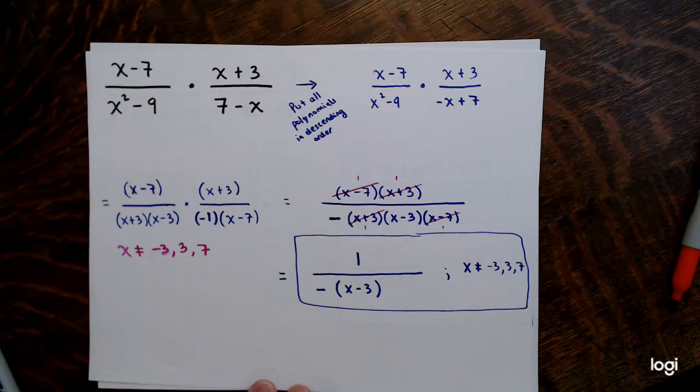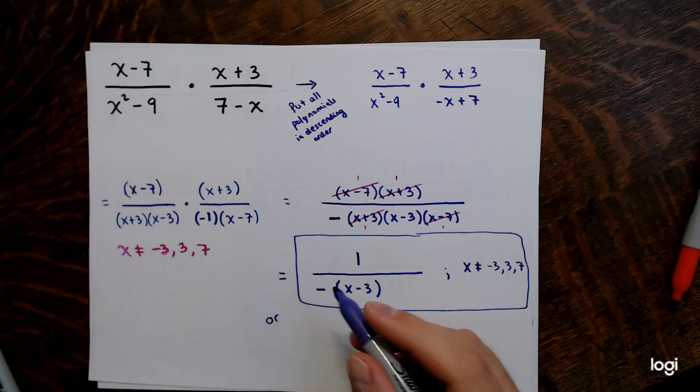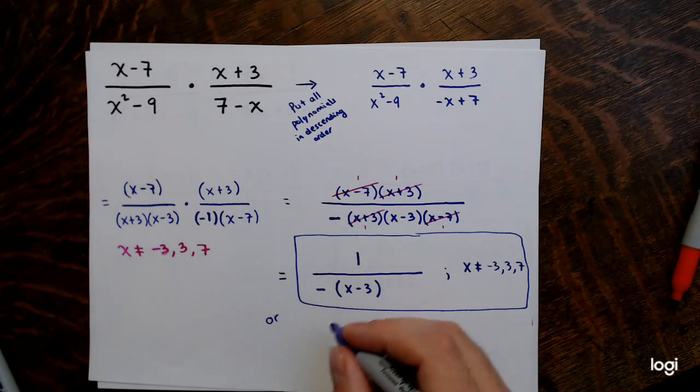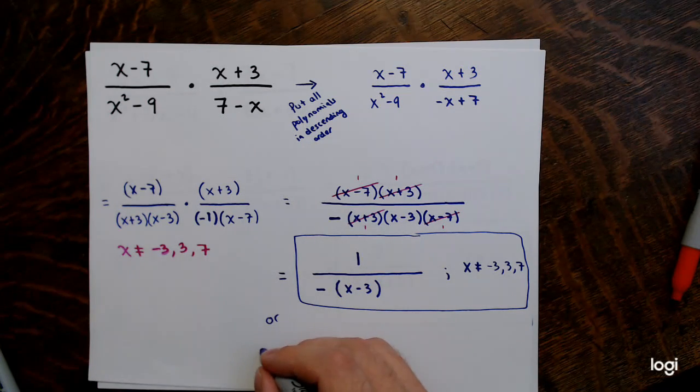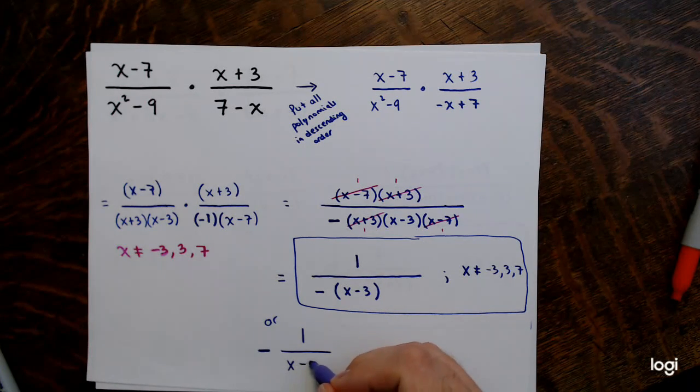It's just that there's a typical standard that usually you don't have a negative number as a lead in your denominator. So if you'd like, you can move this around. You can pop it up to the middle, in line with the fraction bar, and say we have the opposite of 1 divided by x minus 3.